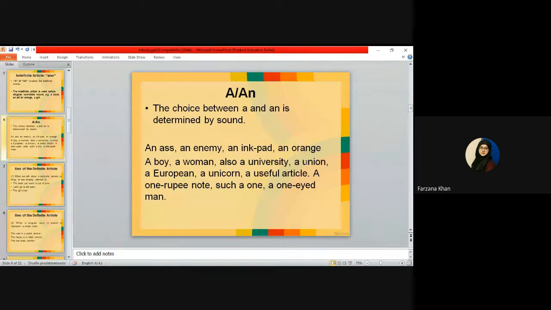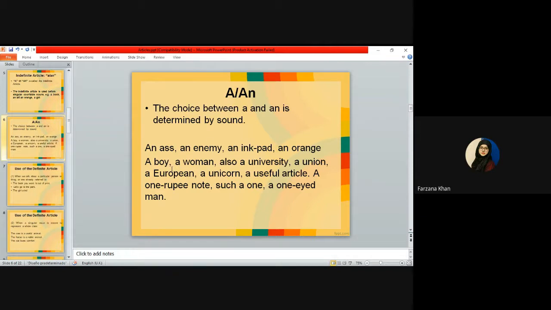Let's see another example, a union. Again, the word starts with the vowel letter U, but here the letter U is not giving the sound of a vowel. When we pronounce it, we are pronouncing it as union, right? So we will place a simple a here because there is a consonant sound.